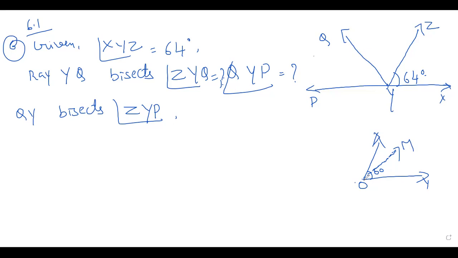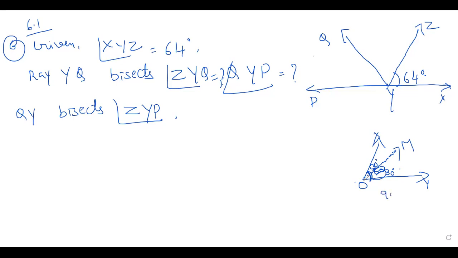Bisects means, say if it is 60 degree, two angles are forming. Bisect means it divides equally. So bisecting the angle means each angle will be 30 degree. Total 60, it is bisecting, so it divides equally. Two angles, each angle will be 30 degree.